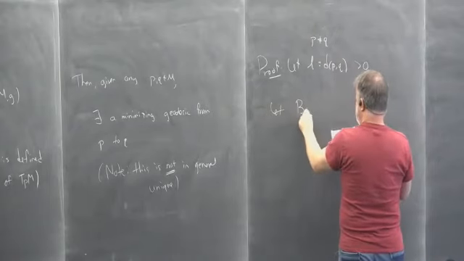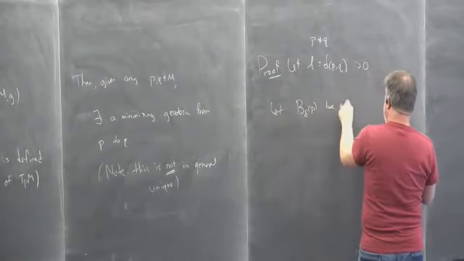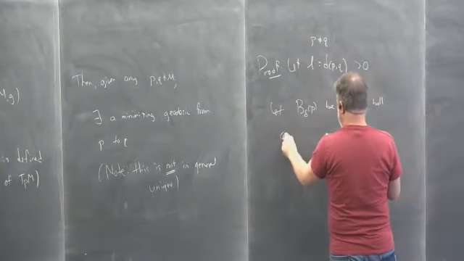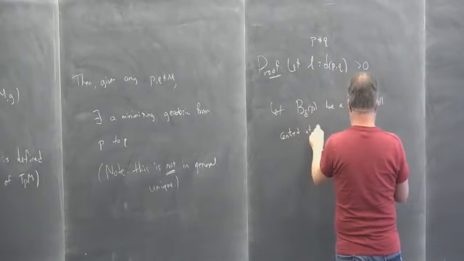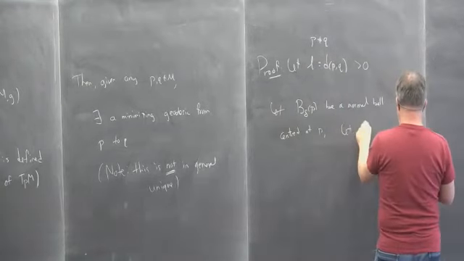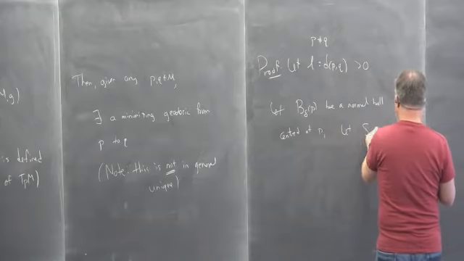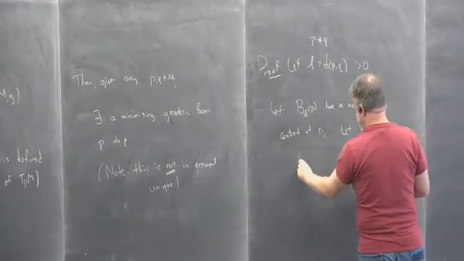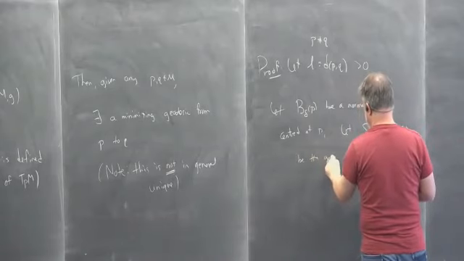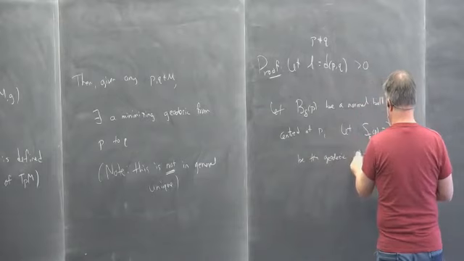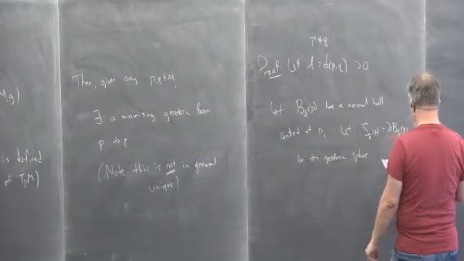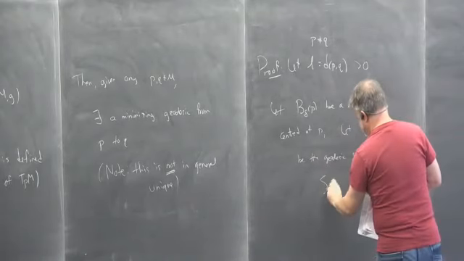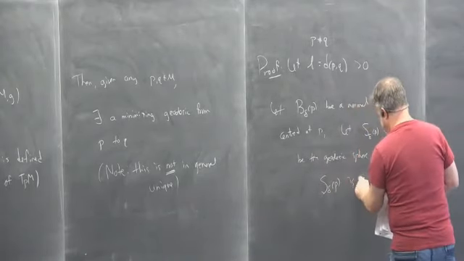Let B_delta(P) be a normal ball centered at P, and let S_delta(P) be the boundary, the geodesic sphere. Note S_delta(P) is compact.